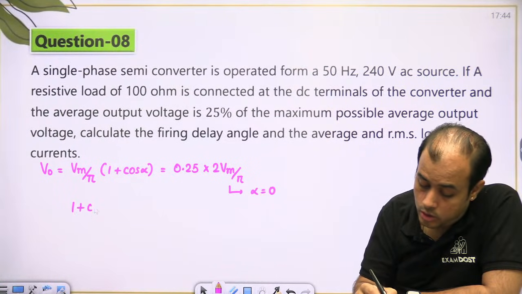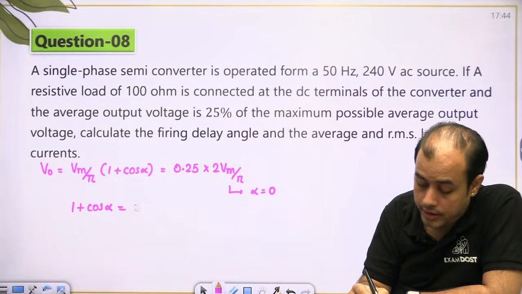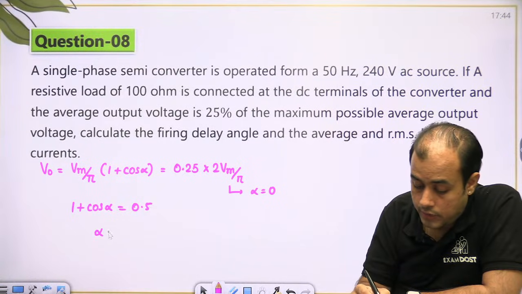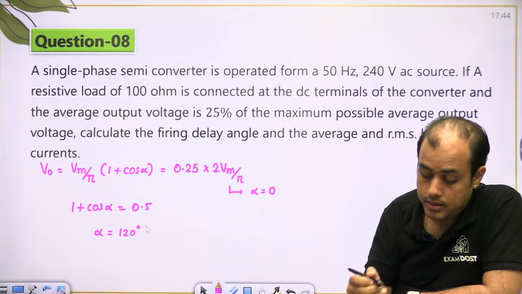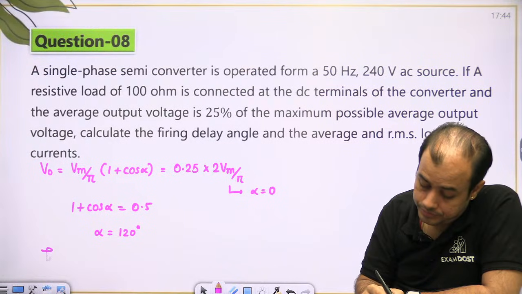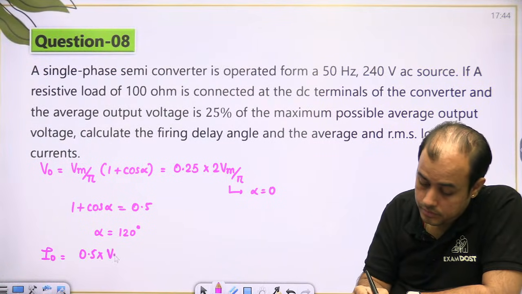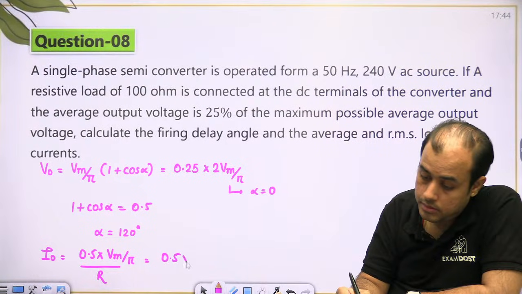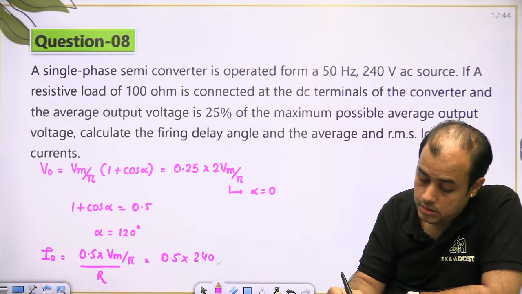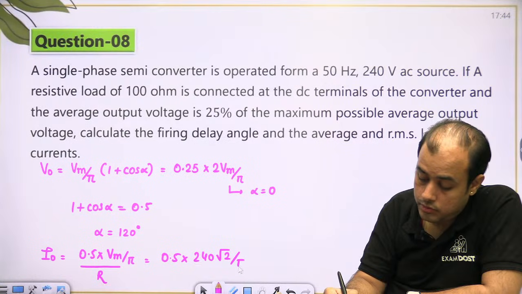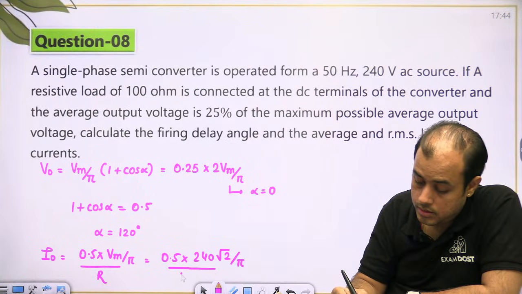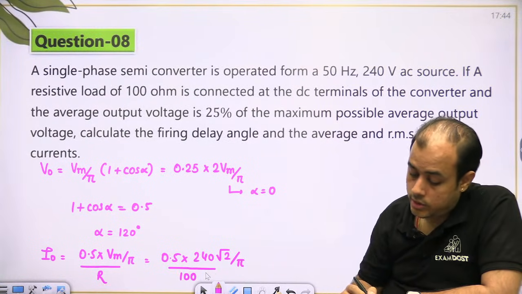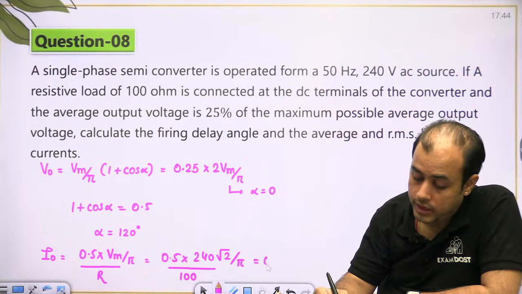So 1 plus cos alpha is 0.5. So alpha is 120. Now, this is my average output by R. (120 √2). 60 into 2 √2, 54.54.